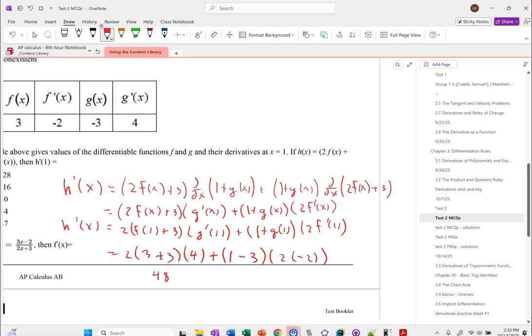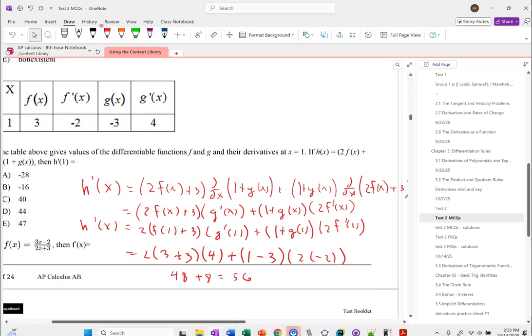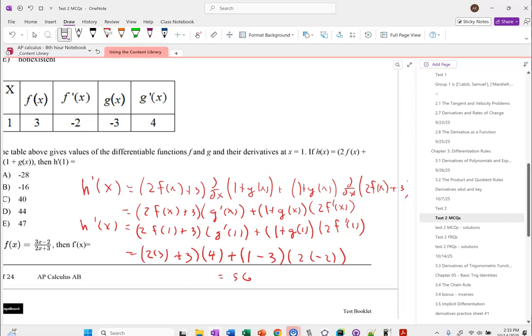And then negative 2 times negative 4, so that's plus 8. So 56, I think. No, that's not right. What did I do wrong? Oh, I'm so dumb. No, I see what I did. I did a very dumb thing. There we go. So 6 plus 3 is 9 times 4 is 36. And then plus 8, that's 44.